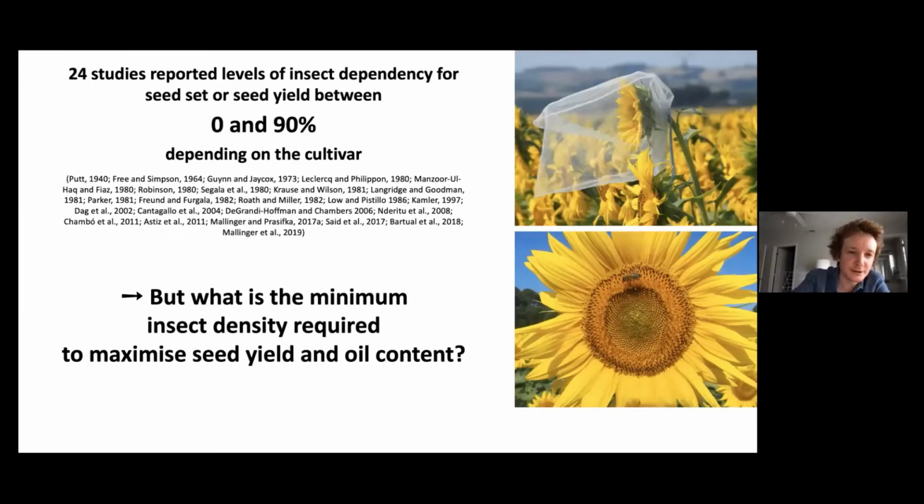Indeed, 24 studies reported different levels of insect dependency for seed set or seed yield. It was between 0 and 90%, depending on the cultivar.